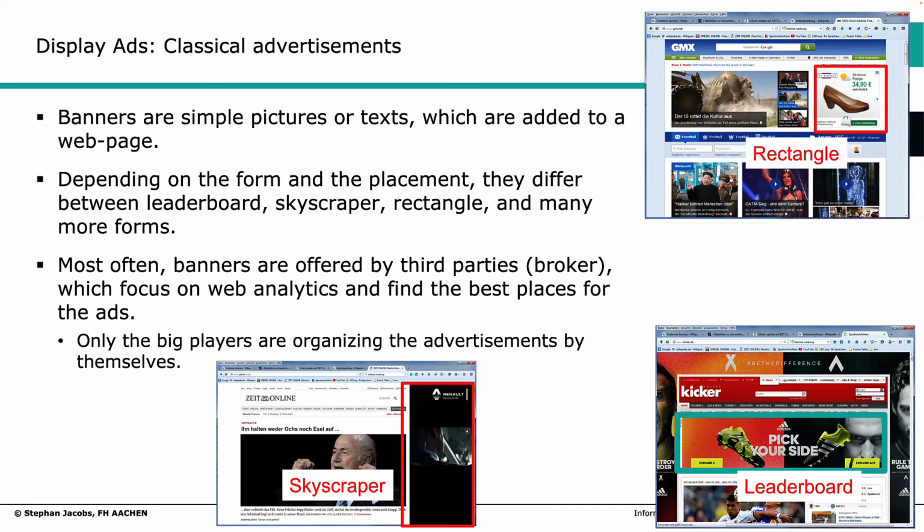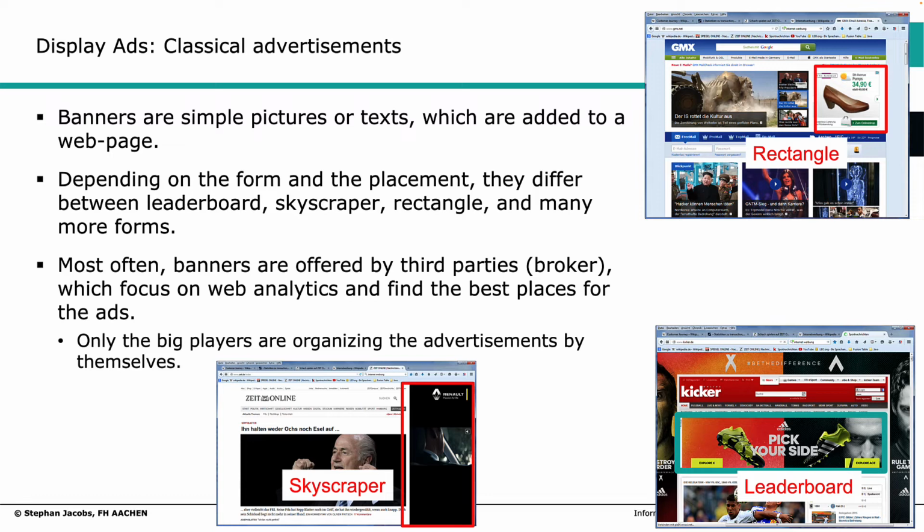Depending on the form and where the banner is placed, of course you have to pay different amounts of money. If you go to the very big newspapers like Zeit or Spiegel, then usually you pay a certain amount for a week, depending on the form and on whether you go to the politics side or the sports side.